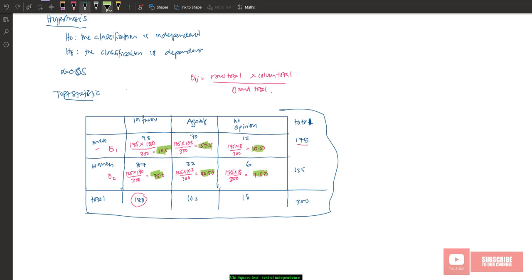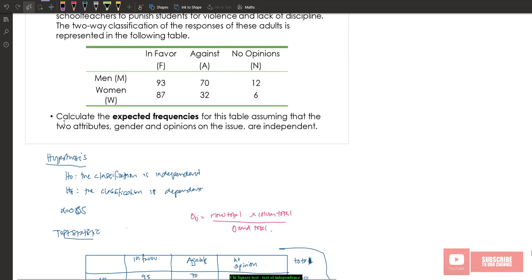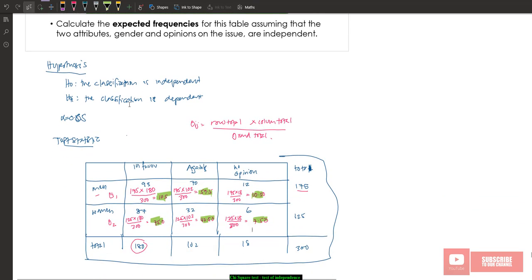So we can proceed with the calculation to test the independence, right? For this example, I'm just showing you how to calculate the expected frequency. So this is how we calculate the expected frequency.